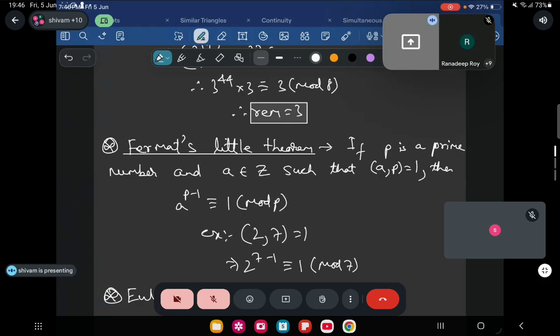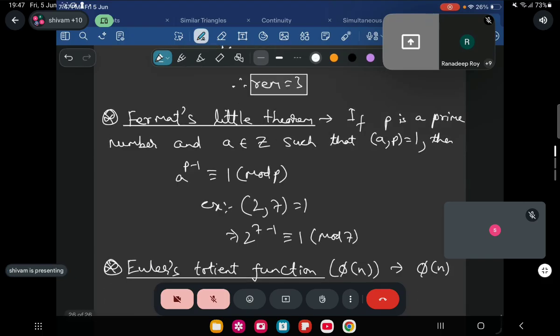Okay, Euler's phi function. That is phi of n. So first of all, I'm going to define this. What is phi of n?